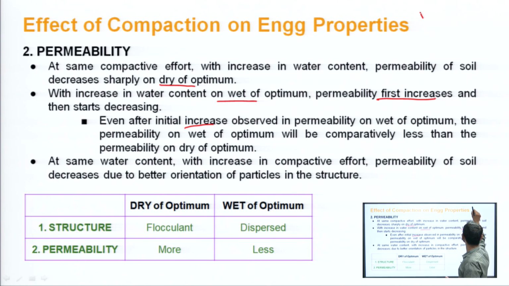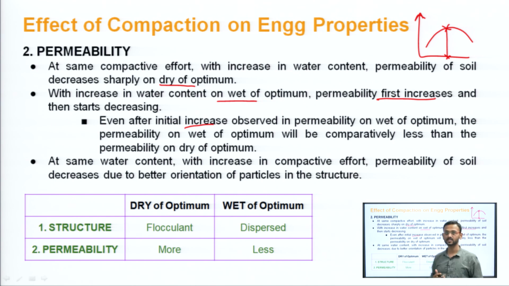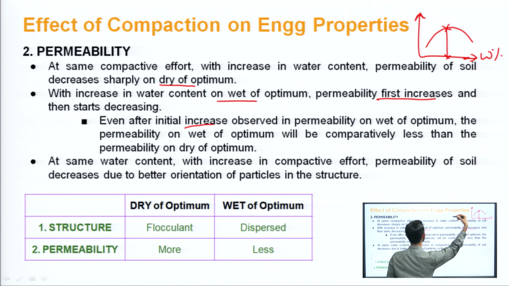So, let us say this is the curve, and this is the OMC, with the gamma d value on the y axis and W, the water content, on the x axis. See the very first point: we are moving at the same compactive effort.